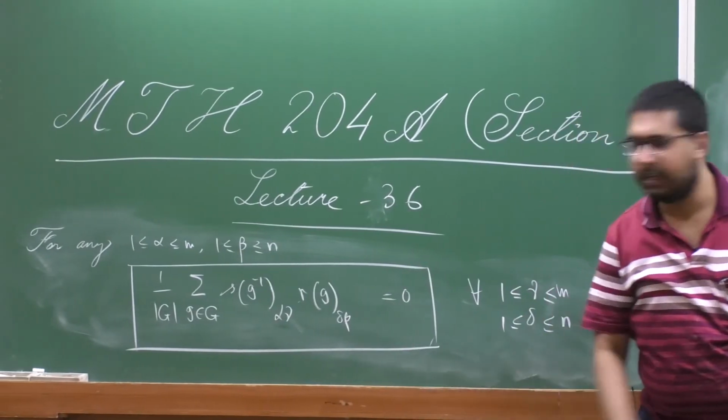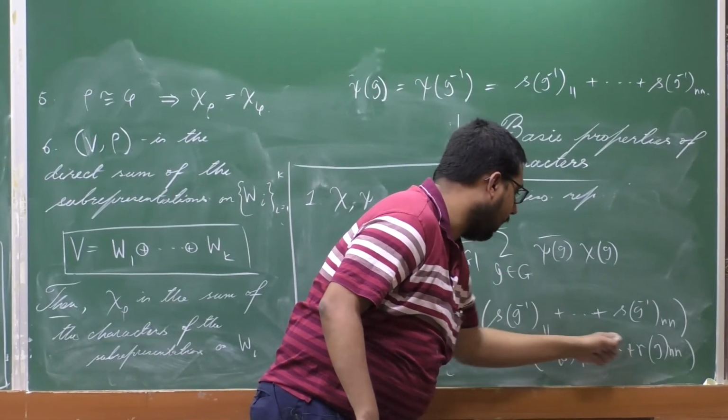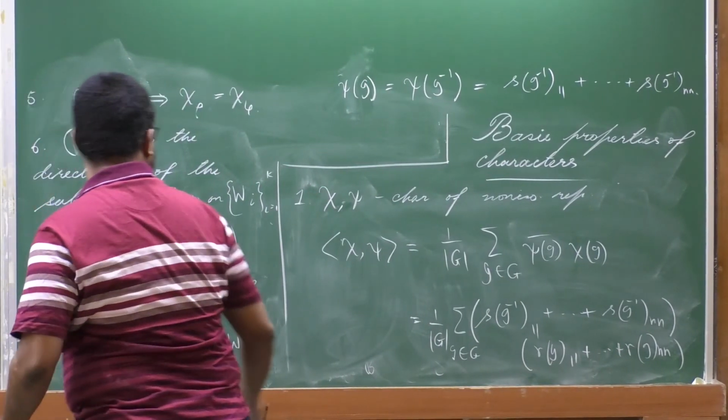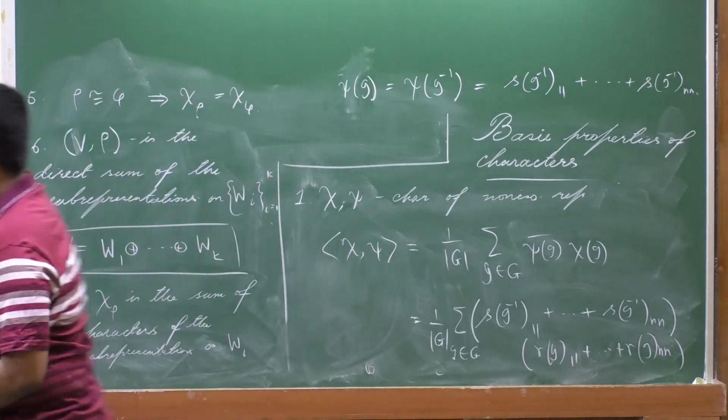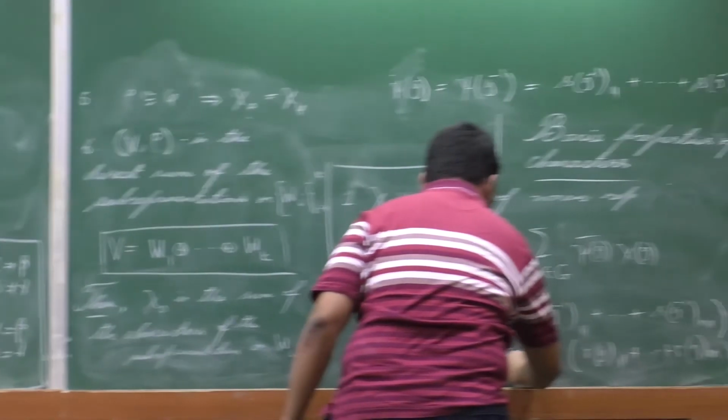If you take some alpha beta here and some delta gamma alpha alpha here and some delta delta here, so it will look like this. Since they are non-isomorphic, in view of these matrix coefficients, this will be 0.